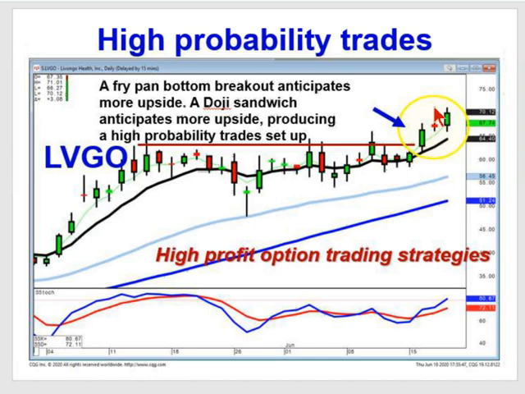What was it telling us about our breakout? It was still moving in the right direction. Even though it came back and closed as a doji yesterday, what else do we know about our signals or patterns? We knew that if it opened positive, it was confirming our breakout with a doji sandwich.